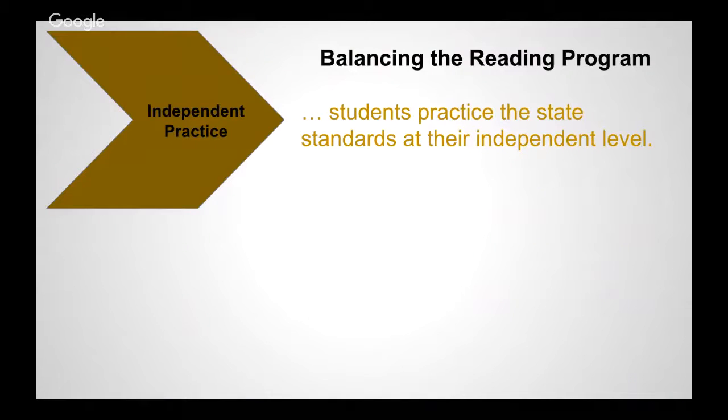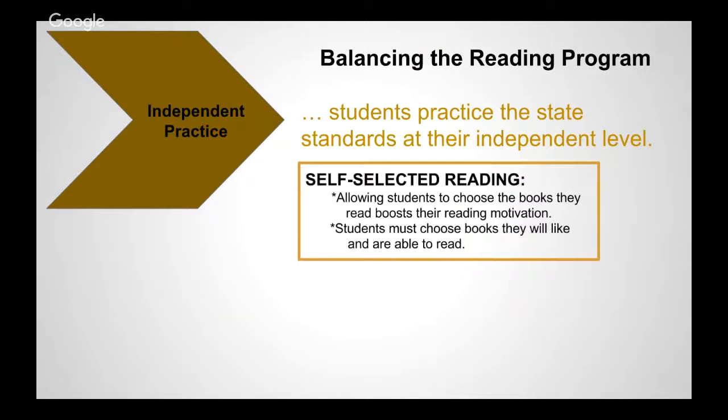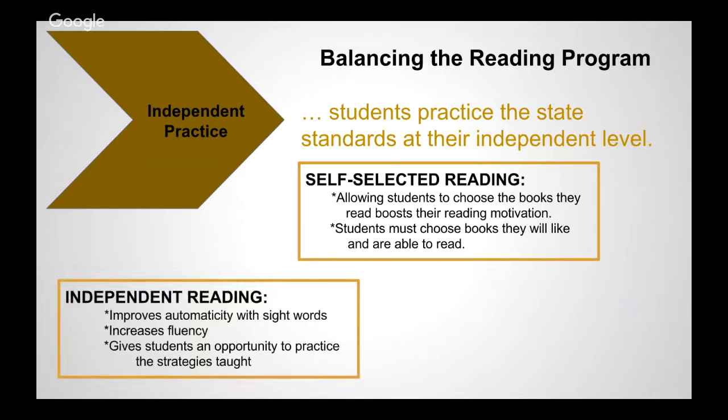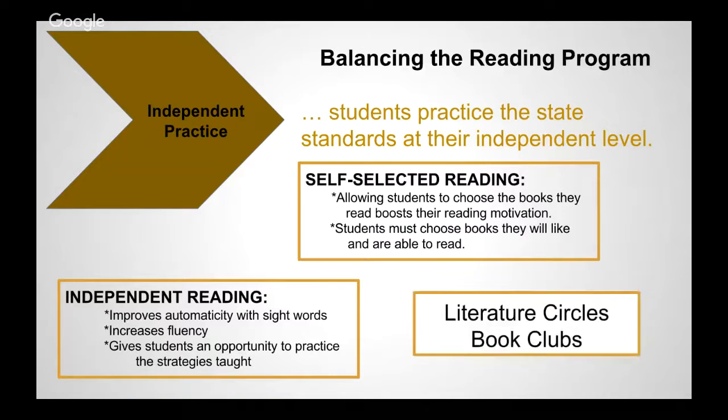She provides a structure for us. The last part of the balanced literacy is where kids, now on their own, are working at their independent level, practicing the standards that you first modeled in whole group. You practiced at their level in guided group. And so here they are in self-selected reading or independent reading, whether structured or not structured.